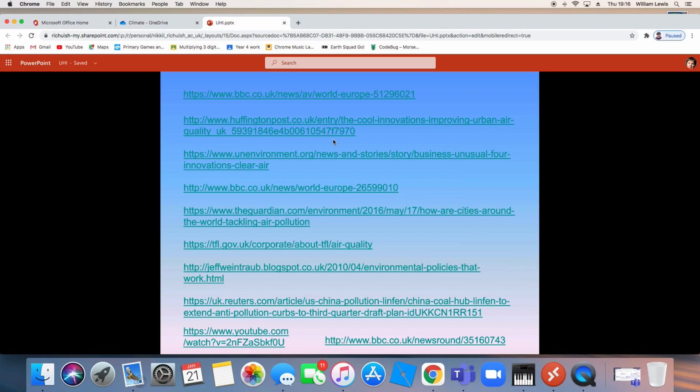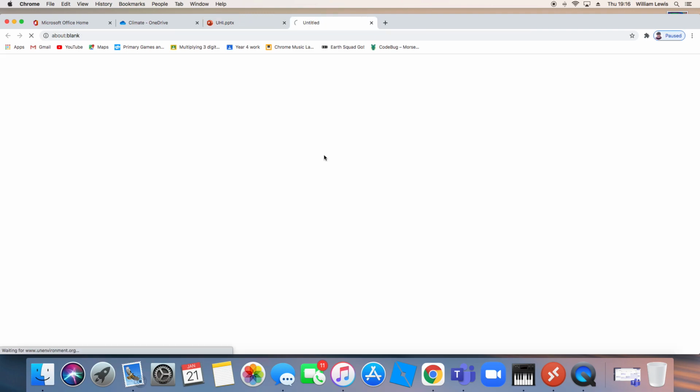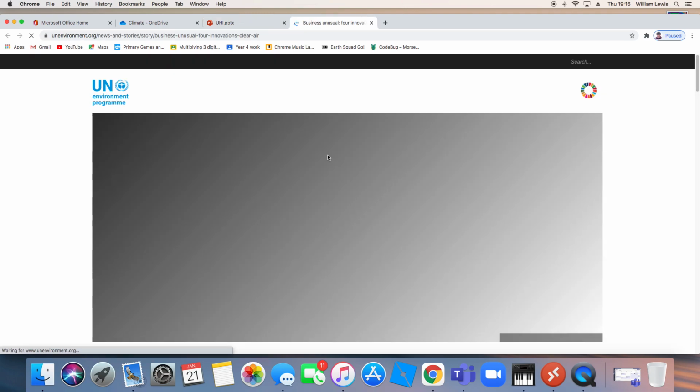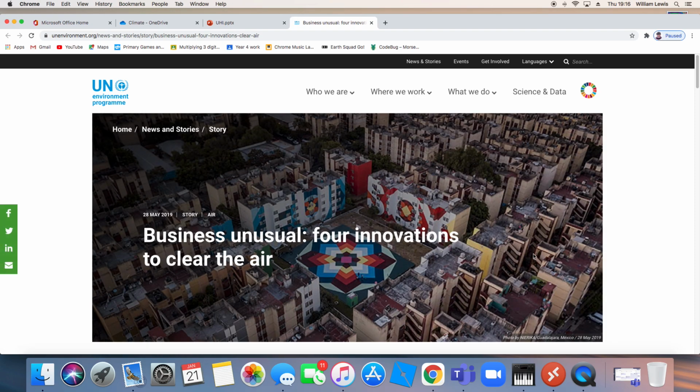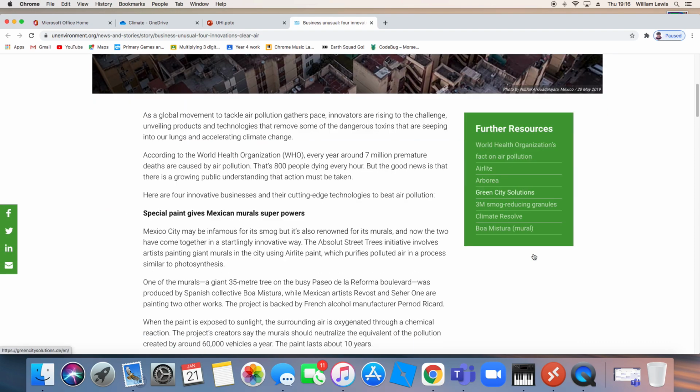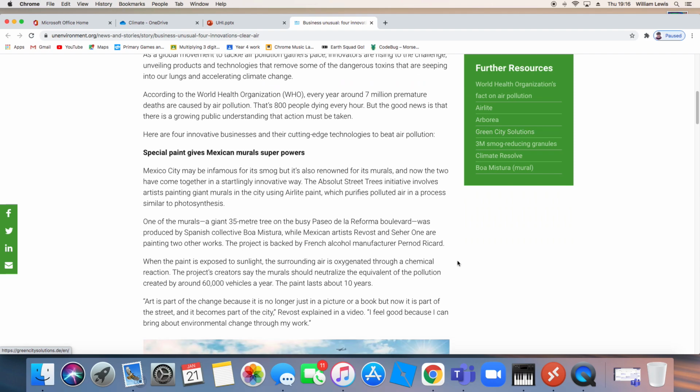This one, these 2 actually stories are about inventions. In fact, let's open them and show you. 4 innovations to clear the air. So, for example, Mexico City may be infamous for its smog, but it's also renowned for its murals. And now the 2 have come together in a startlingly innovative way.